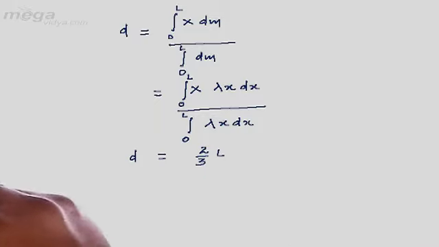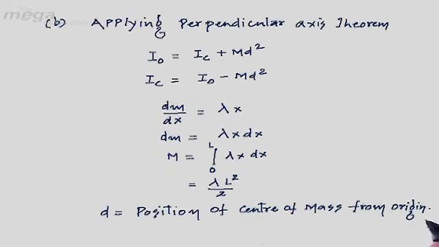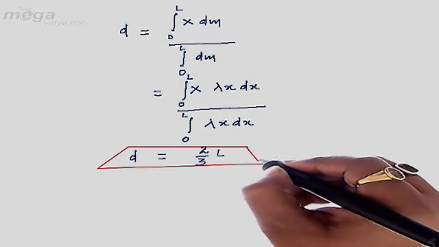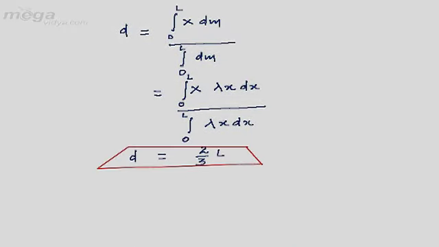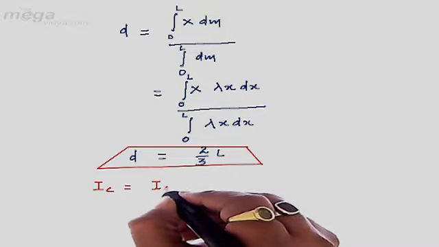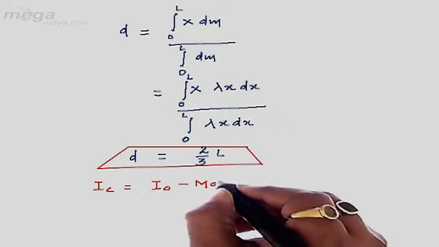Now, since we have calculated the mass of the body and the position of the center of mass from the axis of rotation, putting the values in the parallel axis theorem, we can say IC will be equal to I naught minus MD square.